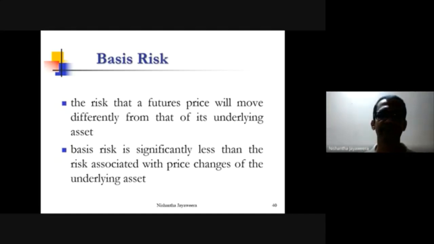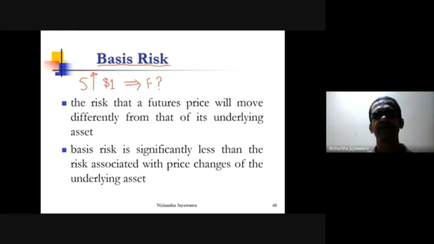What is basis risk? There's a risk because of this difference between cash price and the futures price. The risk is, if the spot price increases by $1, the change in futures price, we don't know.